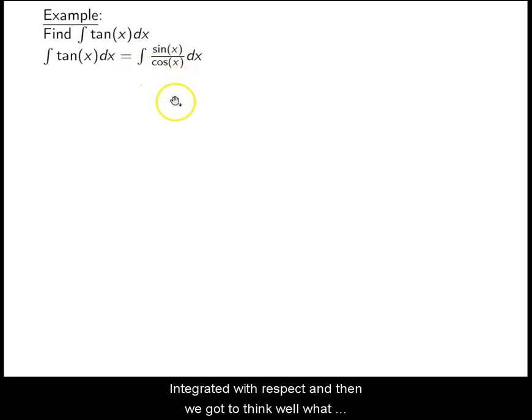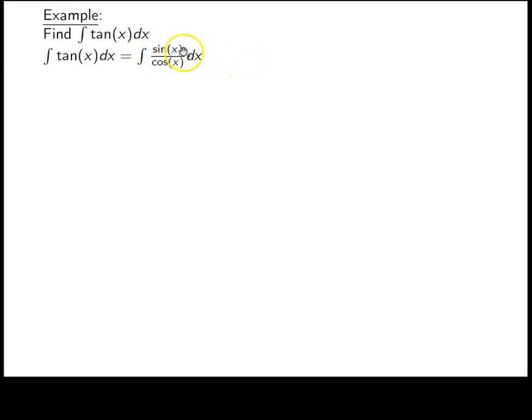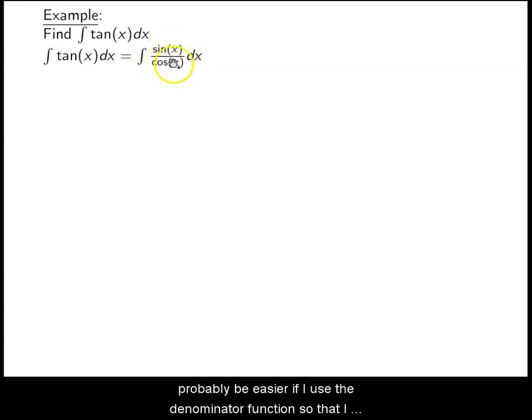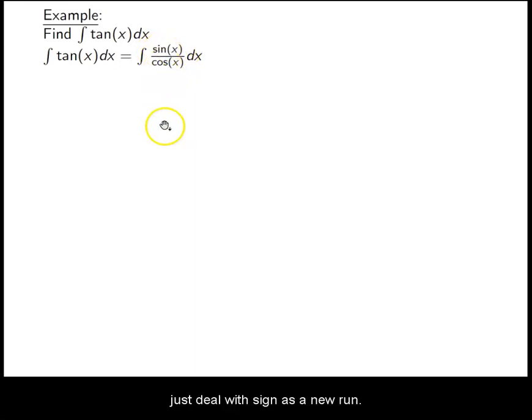And then we've got to think, well, what should my substitution be, right? I can have sine be my substitution and say I have u over cosine, but that's kind of weird. It would probably be easier if I used the denominator function so that I just deal with sine as a numerator.